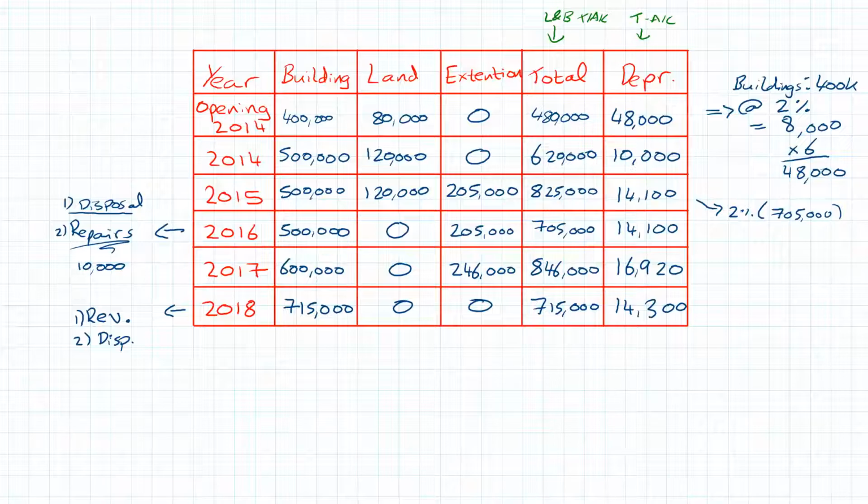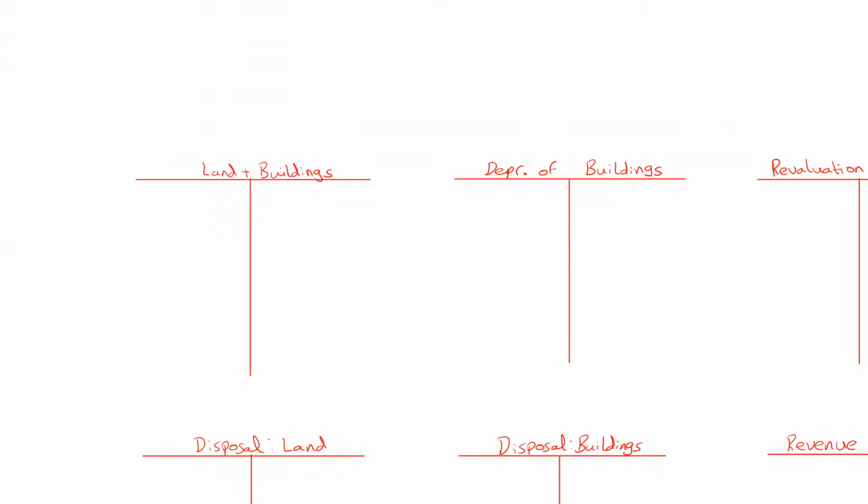So to do that, we're just going to check our T accounts. So these are the T accounts, and there's kind of a few ways that we can be looking at this.